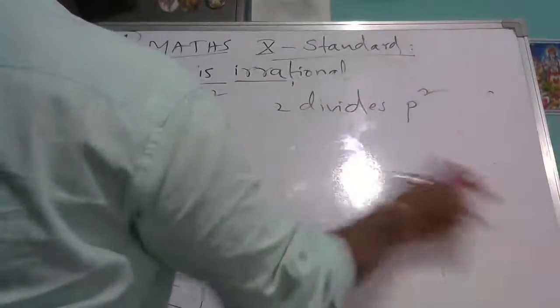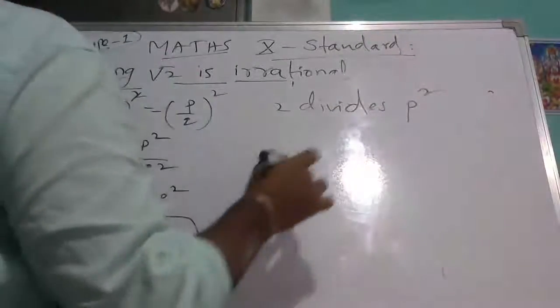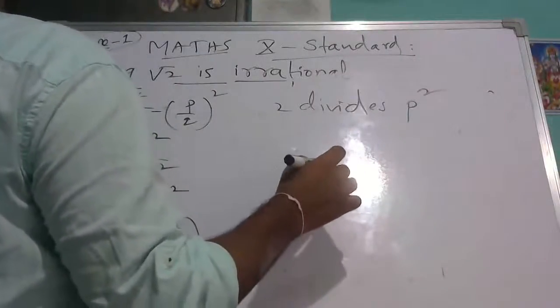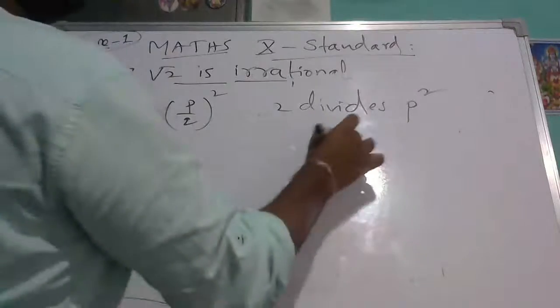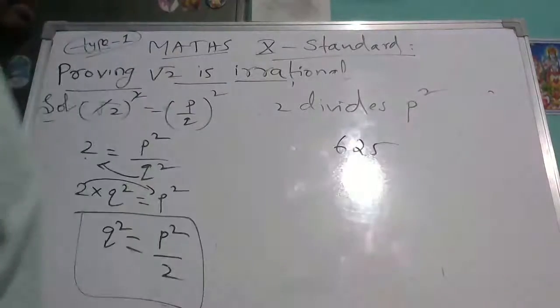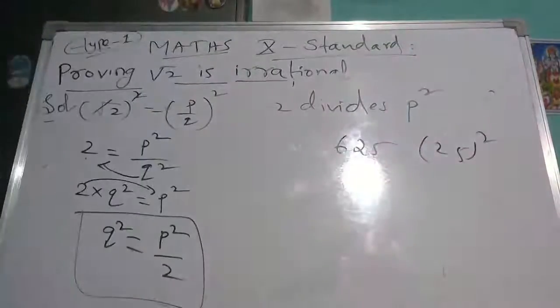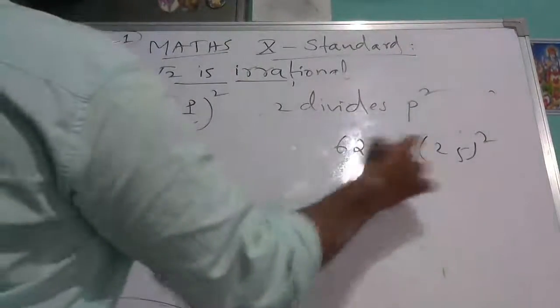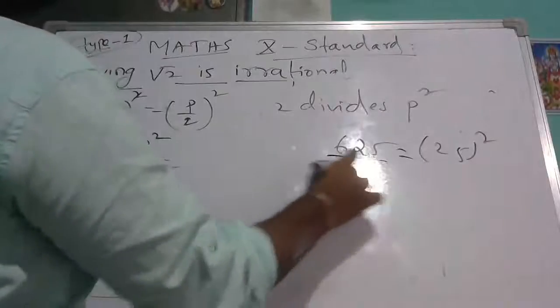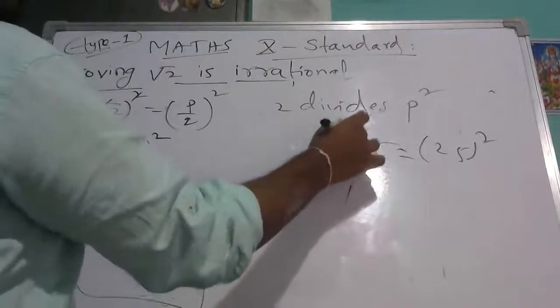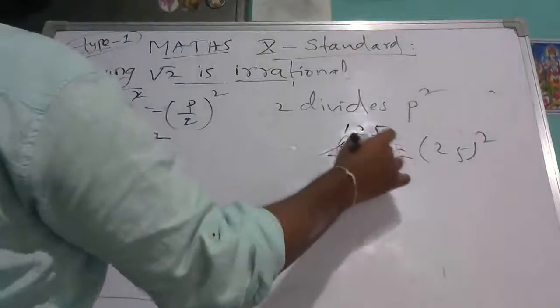Clear, Arjun? Just think about it. Take 625. 625 is 25 square. If 625 is divided by 5, check it: 5 ones 5, 5 twos 10, 5 fives 25, so 125.